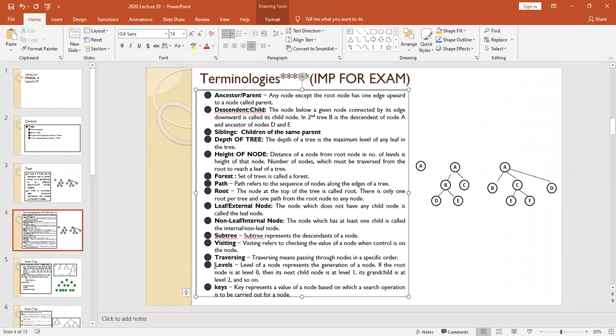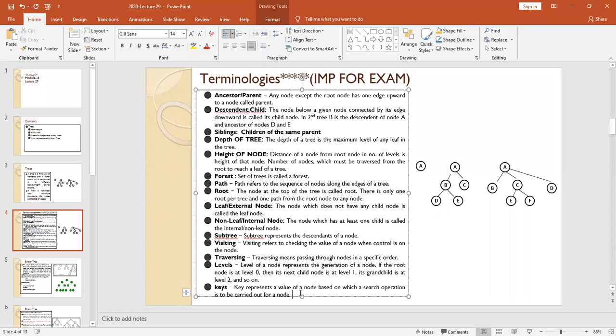Okay. So now you come for the last one, level. The level of a node represents the generation. As I've already told you, the root node is at level 0, then its child nodes are at level 1 and its grandchildren are at level 2, and so on. So next you come with keys. Keys represent the value of a node. Why do you use the key? Key is used for search operation. Keep in your mind, keys are used for search operation, to search for a node in a tree.